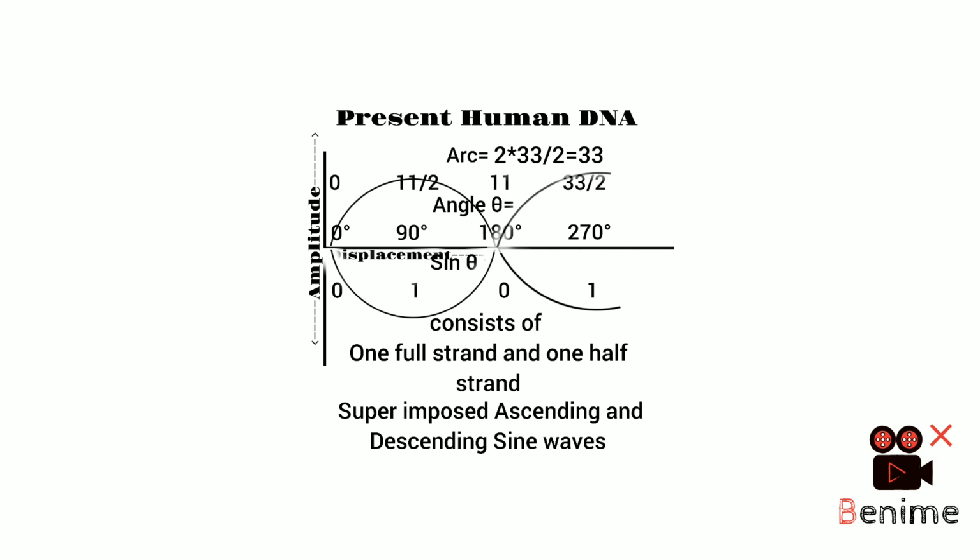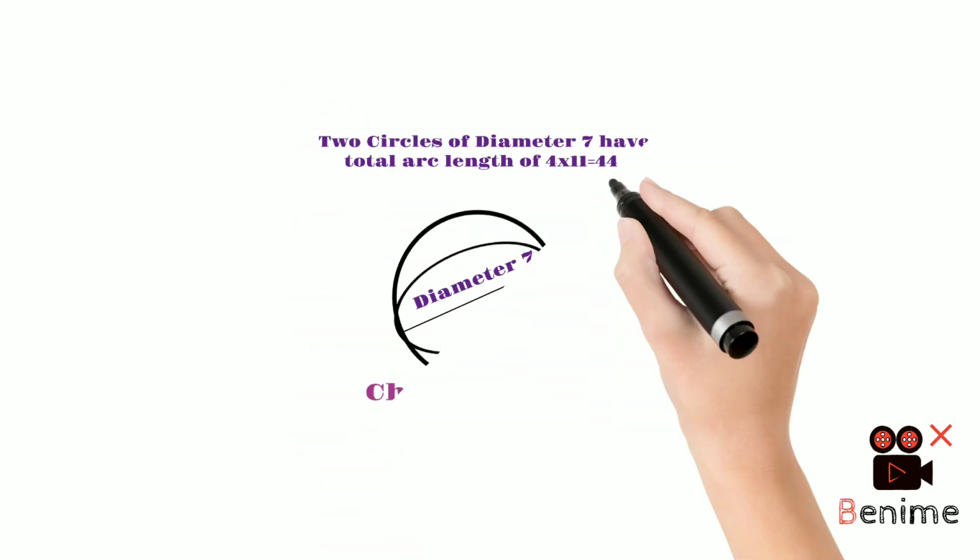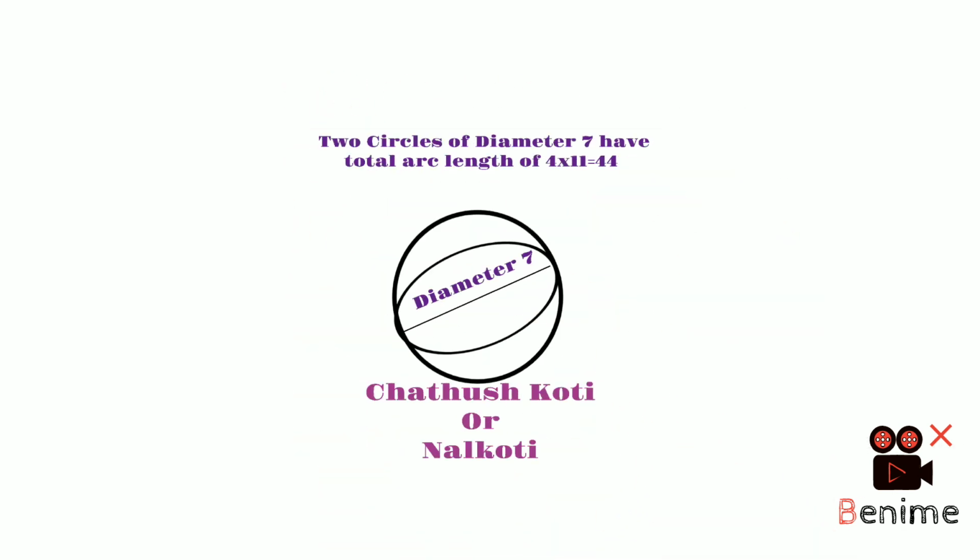So it will take -0, -1, 0, and +1. So this is the superimposition of two sine waves. And of course, if you take the total arc length, it will be 2 into 33/2, that is 33. So this consists of basically one full strand and one half strand, one full circle and one half circle.